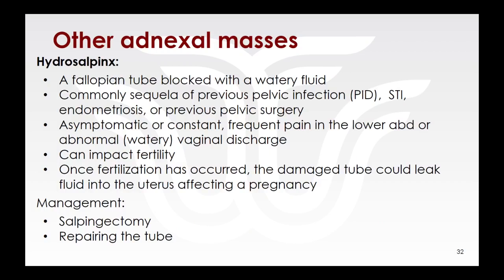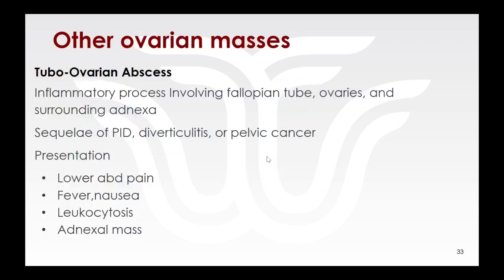Some of these ladies have frequent pain and lots of watery discharge, because that watery fluid is blocked in the fallopian tube. It can impact fertility, which is why we are looking at women with fertility. These can be repaired, or they need to be removed. So once that is diagnosed, then the gynecologist is going to decide what to do with that particular patient.